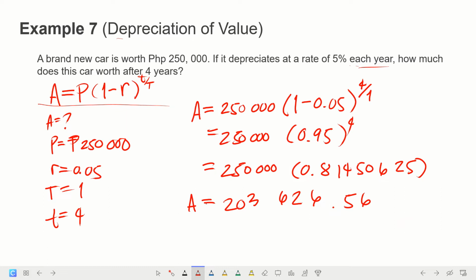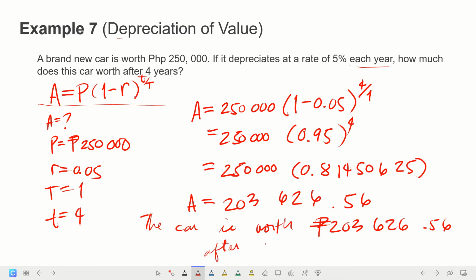So the new cost of the car will be equal to 203,626.56 pesos. This is now the new value. So the car is worth 203,626.56 pesos after 4 years.